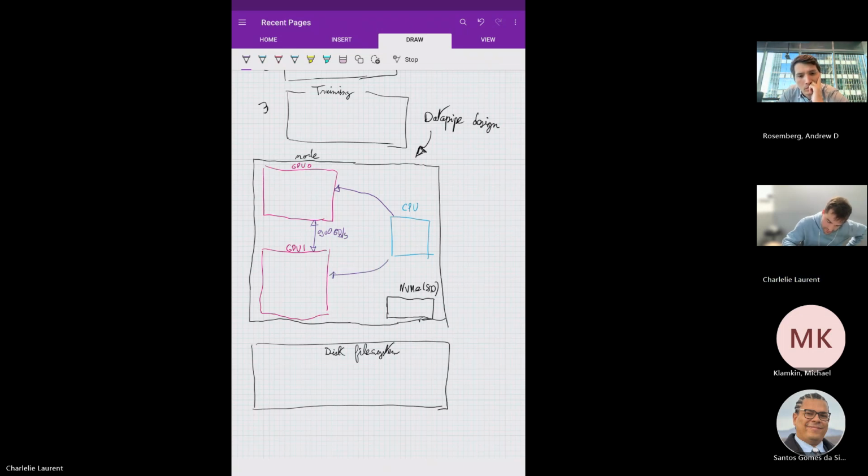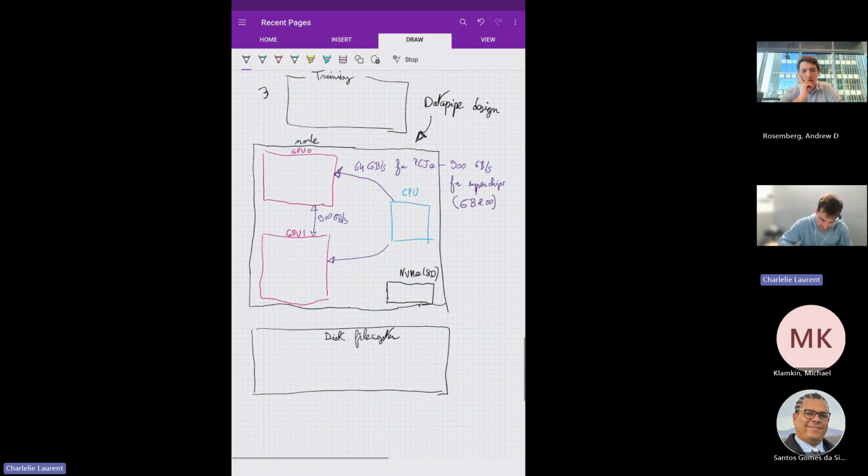It can go from 64 gigabits per second where they are connected through PCIe, or it could be 900 gigabits per second for superchips like the GB200. They have NVLink interconnect between the GPU and the CPU to make the transfer much faster.